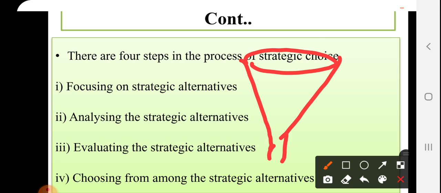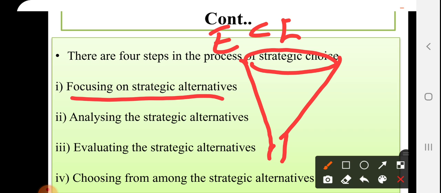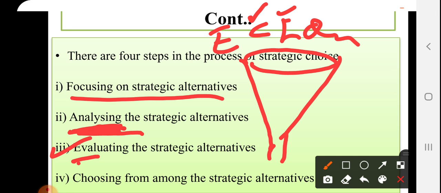Now in the first step we have various strategies. We have expansion strategies, and under that concentration strategies, integration strategies, and diversification strategies. But in the second step, after analyzing the strategies, we have only the feasible ones: concentration and integration strategies. Now the company will evaluate these two strategies.